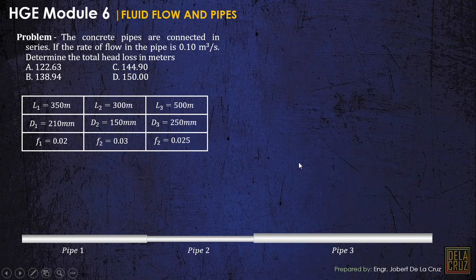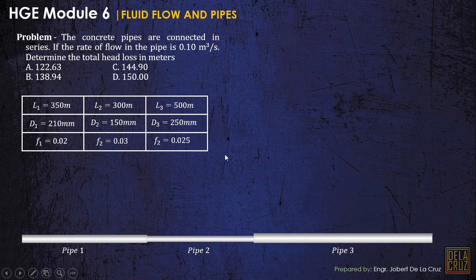All right. So if you are required to calculate the total head loss in meters, of course we'll be using a head loss formula. As I discussed in the last video, part 1 of this series, I presented the Darcy-Weisbach formula, Manning's formula, and also Hazen-Williams. Here, we should use the Darcy-Weisbach formula since the given factor is friction.